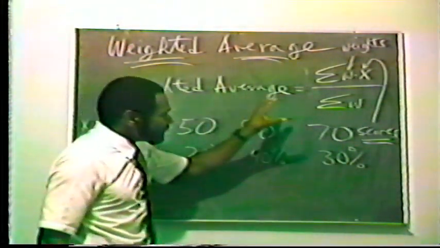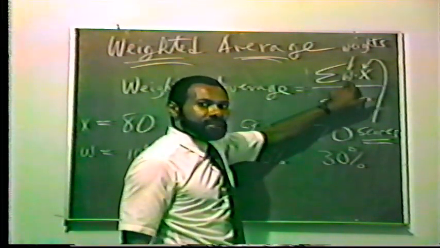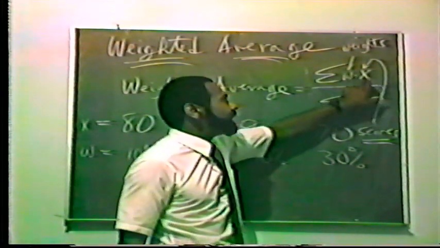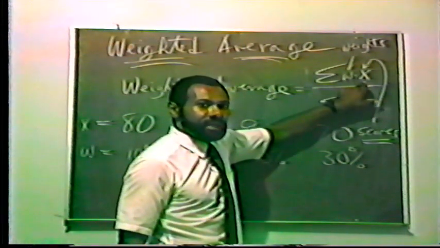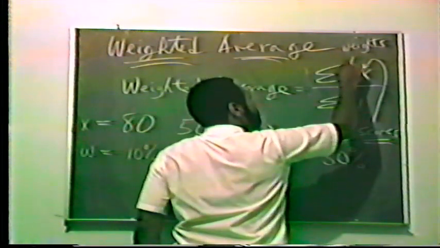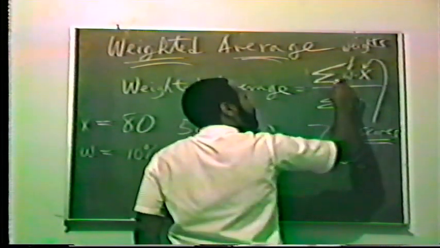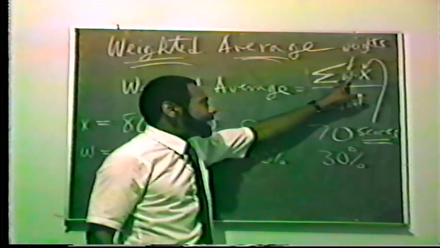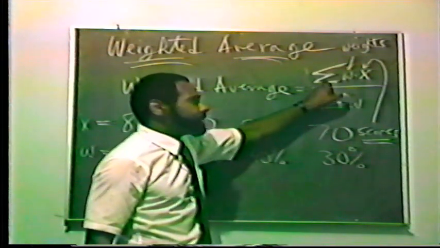So the formula here is telling you to multiply each weight times its corresponding score. W is the weight, X is the score. Then you have the summation symbol. That tells us that we have to add those products together. After we multiply each weight times its corresponding score, we sum them.